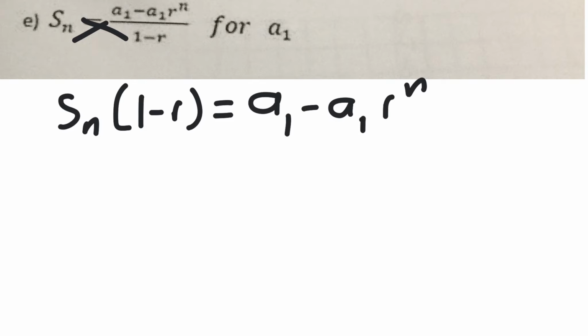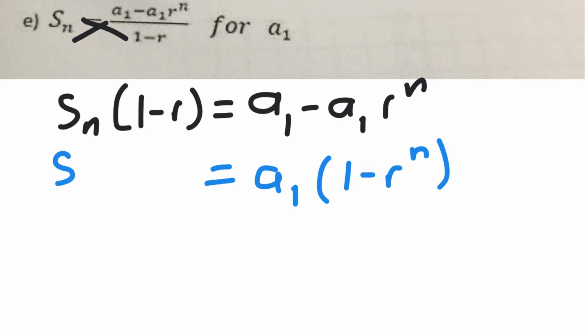Now I want to get a sub 1 by itself. Well, there are two of them on the same side, so I can factor. That leaves me with a sub 1 times 1 minus r to the n is equal to s sub n times 1 minus r.